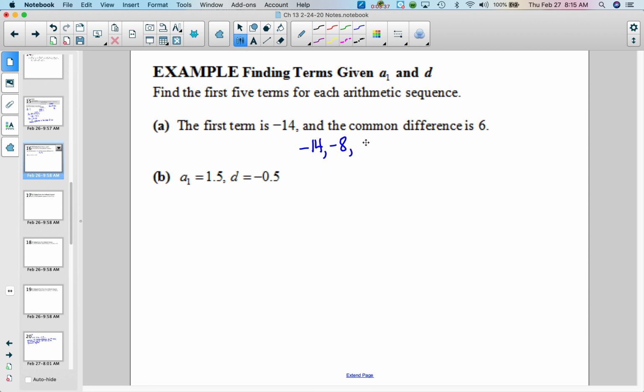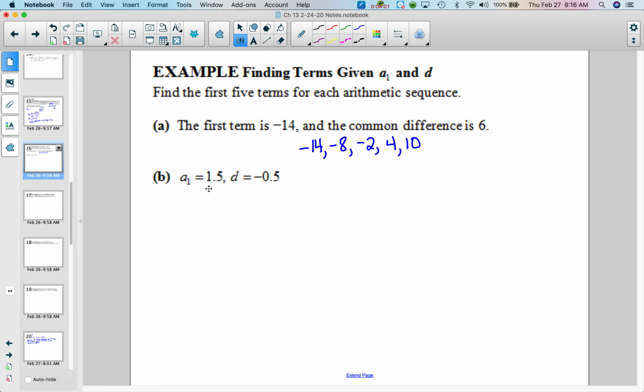And you add 6 to that, and you get -2. And you add 6 to that, you get 4. Add 6, you get 10. So that really satisfies what we were asked to do in the problem, and that's okay. You can also find a sub n, but we'll have some other opportunities to do that. So some of the problems you might just be asked to find the terms.